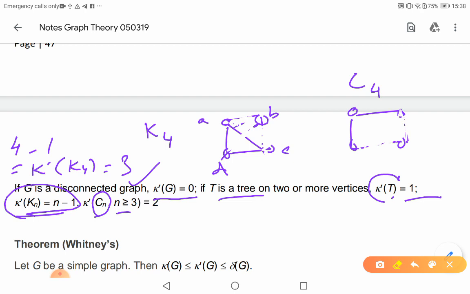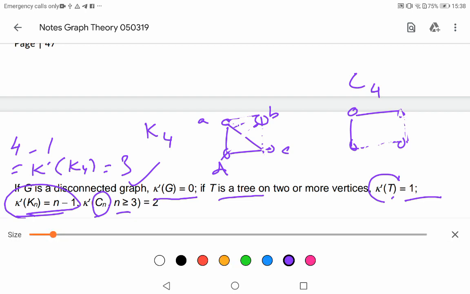So if you see here, we will get 2 components. So we delete 2 edges. Okay, so kappa prime equals 2. So the formula is also valid for trees, Kn and Cn.